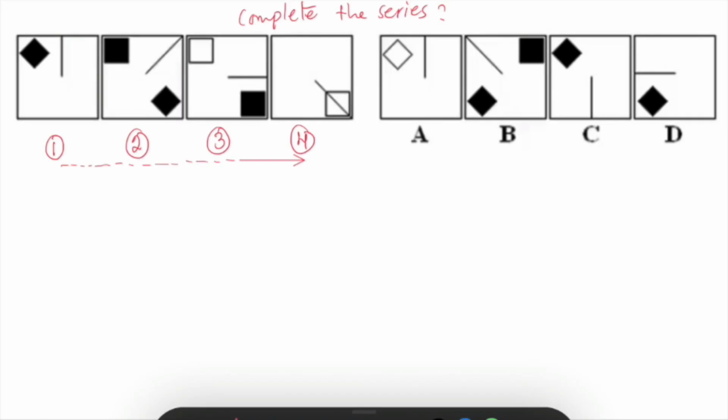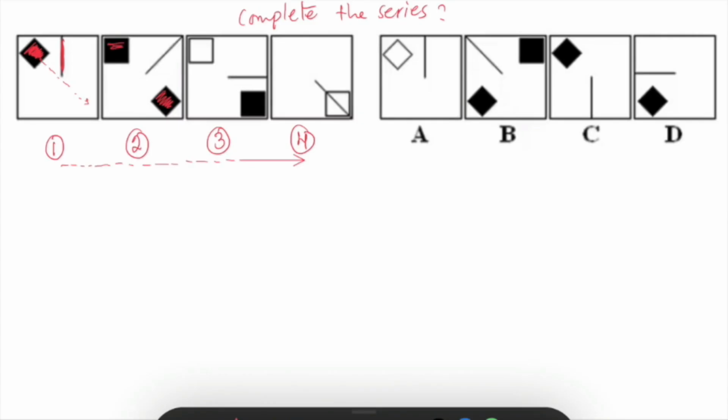Pattern 1 is a big square with two shapes. Shape number 1 is a line that separates the upper side of the square, and it is perpendicular to it as well. I have another black square in the upper left corner. In the second pattern, I have the same square, but it moved diagonally and appeared here.